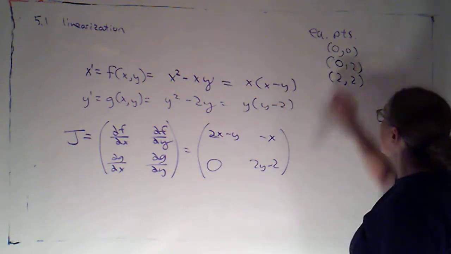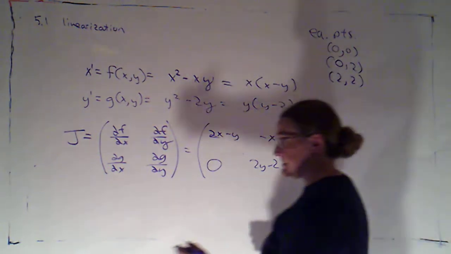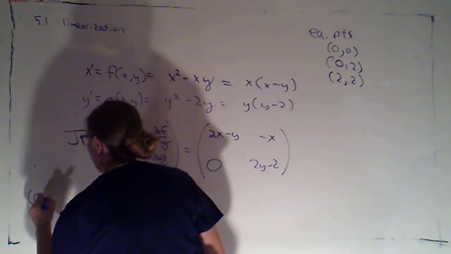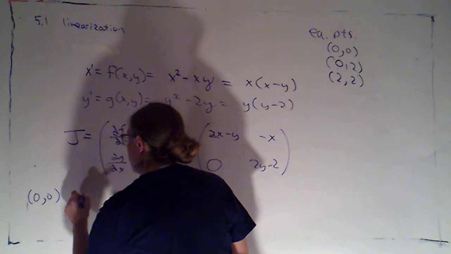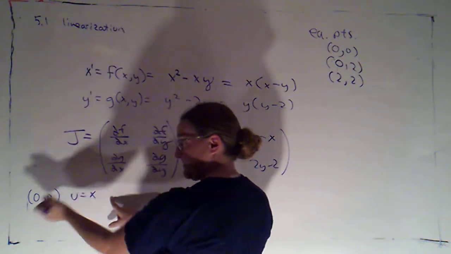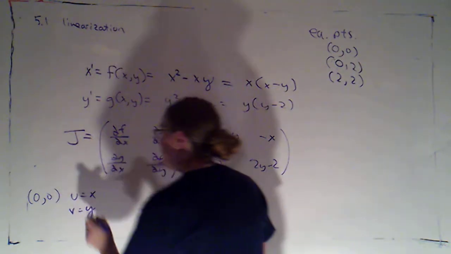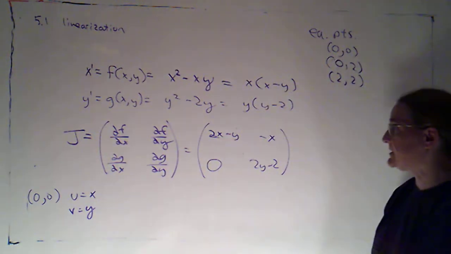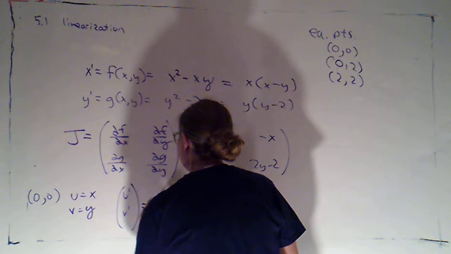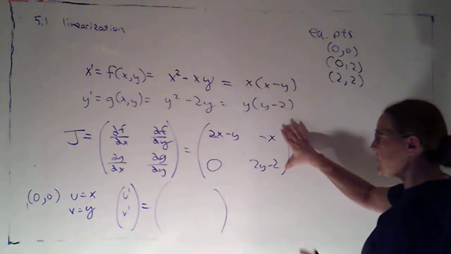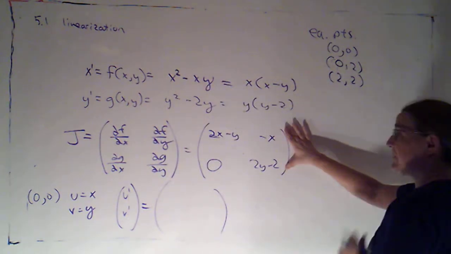So let's suppose I wanted to find the linearized system at (0, 0). Well, in that case, u will simply be x, because it would be x minus 0, and v would be y, because it would be y minus 0. And (u prime, v prime) would be this matrix, but with (0, 0) plugged in.